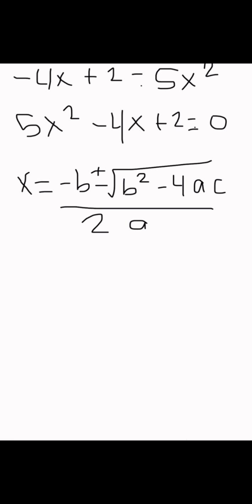Now, we have to first identify our a, our b, and our c. So the a will always be the coefficient with the x squared, so that will be 5. Our b will be with just the x, and that will be negative 4. And then our c will be just the number 2.